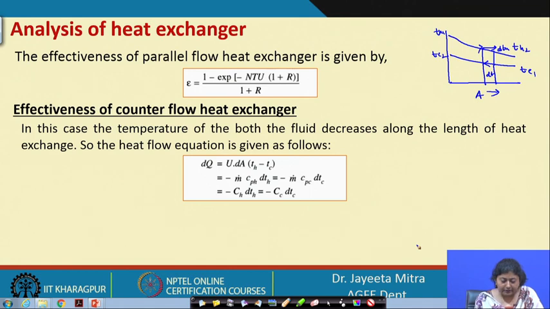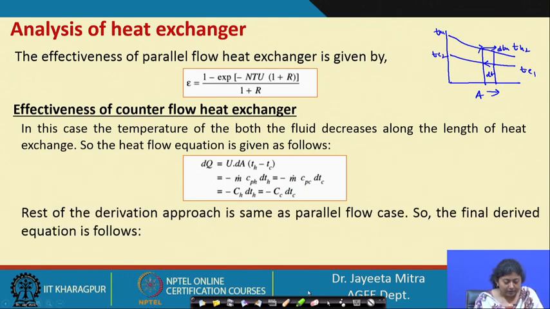So we can write here dQ is equal to U dA (Th minus Tc), which equals minus m dot Cp h dTh. Similar fashion as we did for the earlier case. So minus Ch into dTh, that is equal to minus Cc into dTc. The rest of the derivation approach is similar as we did for the parallel flow.